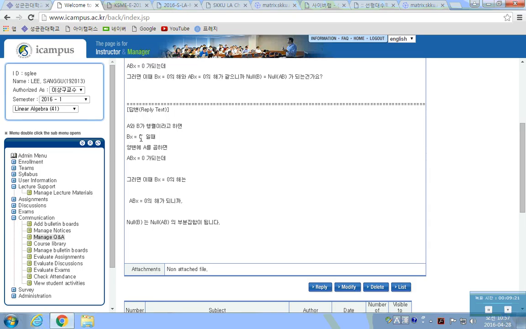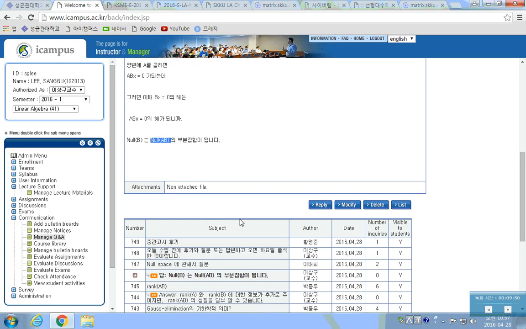If Bx is equal to 0, then clearly when you apply A, it's just the product of the matrix A on a 0 vector, so it should be 0, which means x is in the solution space of AB. So any vector in here is an element in the solution space of this. That means the null space of B is a subset of the null space of AB. So that's what it meant.